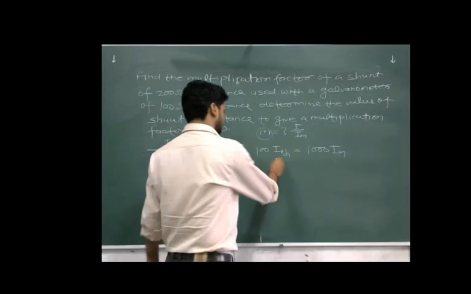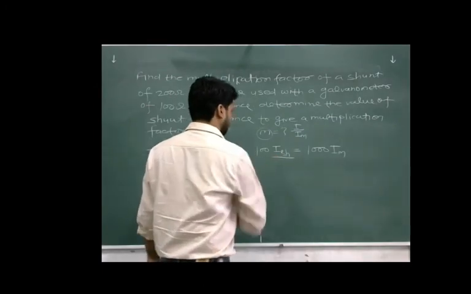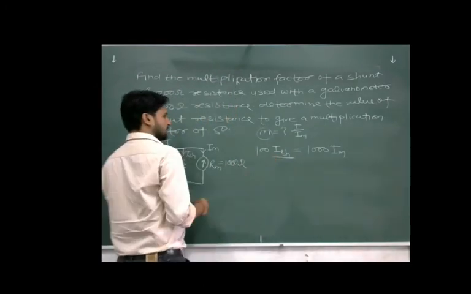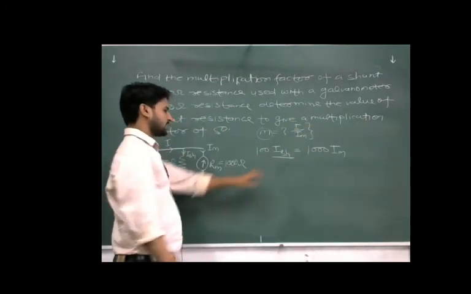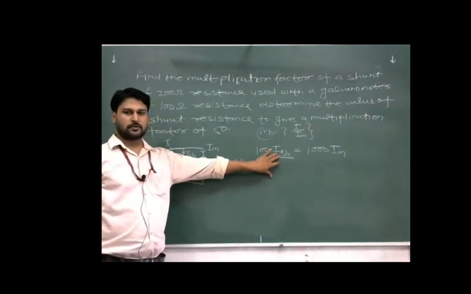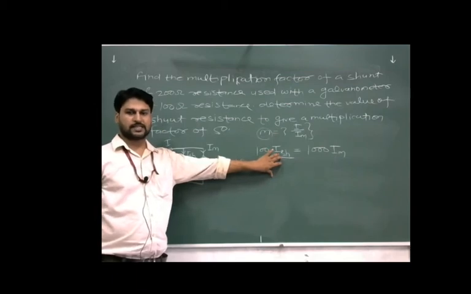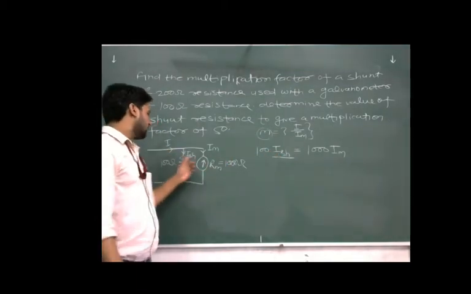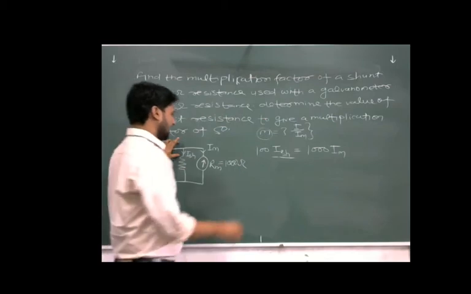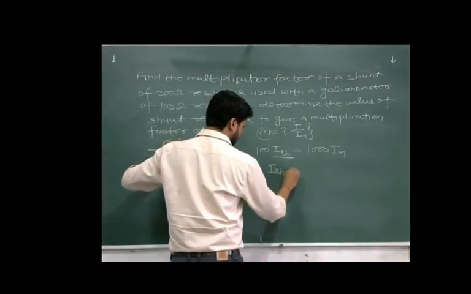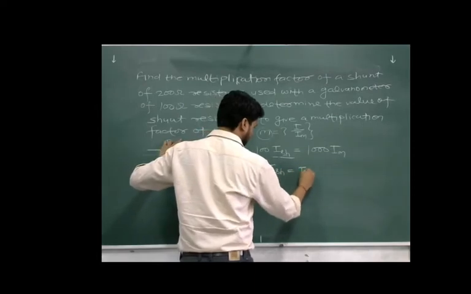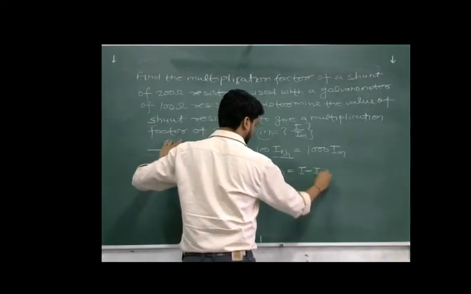So I have to remove this ISH, because in this ratio ISH is not there. How can we remove it? Simply by using KCL, I can write that ISH is equal to I minus Im.